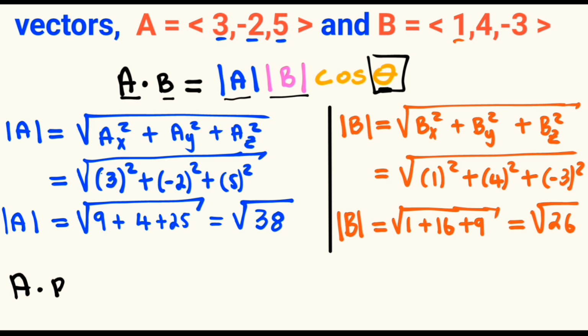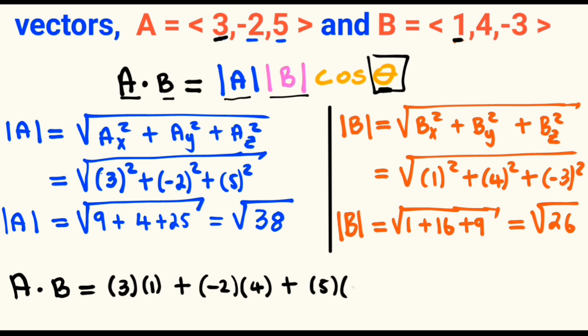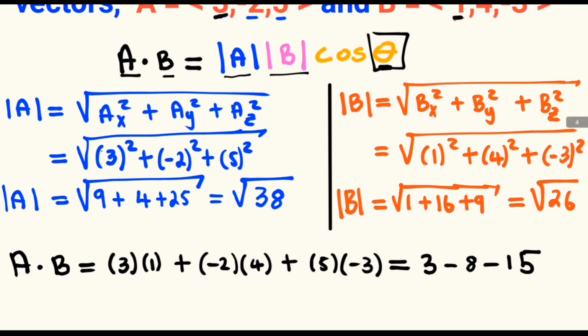So A dot B will be equal to the x coordinate of A, the 3, multiplied by the x coordinate of B, plus the y coordinate of A multiplied by the y coordinate of B, plus the z coordinate of A multiplied by the z coordinate of B, and this will be equal to 3 minus 8 minus 15.